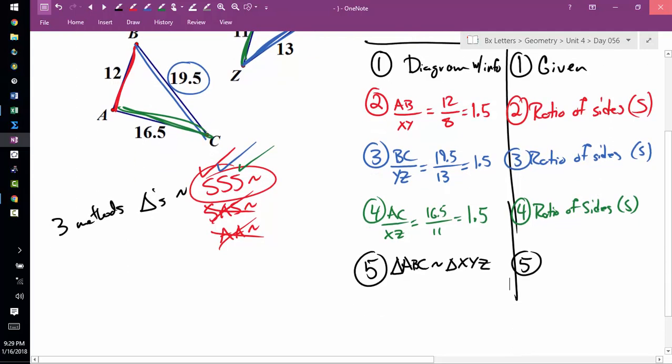You could write me a long paragraph saying, look, I compared the corresponding sides once, twice, and 3 times, and each of the times I got the same ratio. So corresponding sides, one triangle to the other, have equal ratios, then the triangles need to be similar because that's the definition of dilation, and dilations produce similar figures, and that's why these triangles are similar.